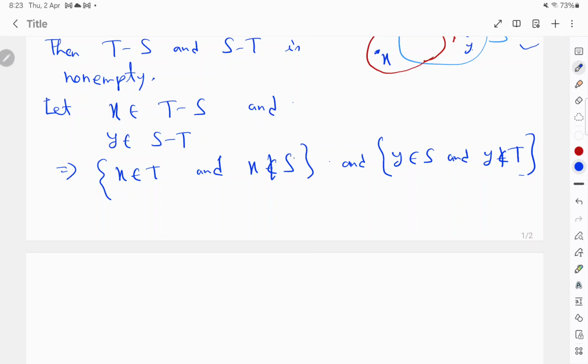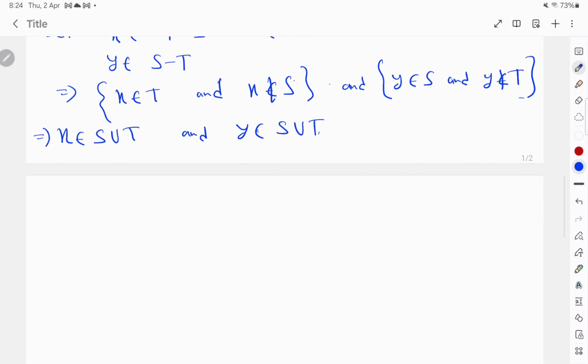But you have to think from S union T, right? S union T is an ideal. Remember this thing. So from here you can say X belongs to S union T, because X belongs to T, so it belongs to S union T also, and Y belongs to S union T also, right?